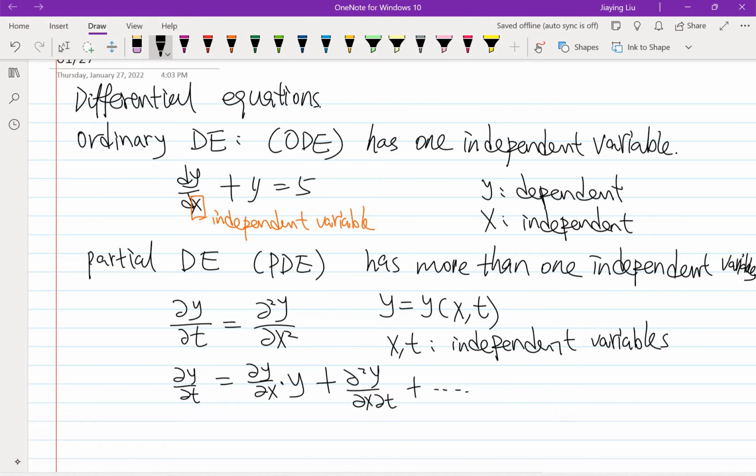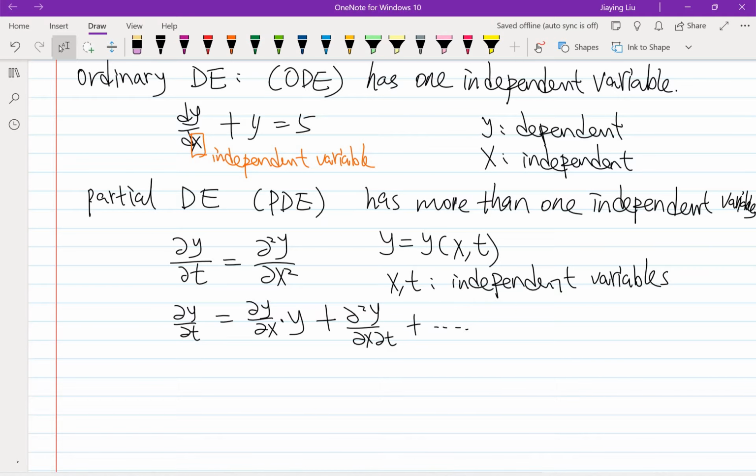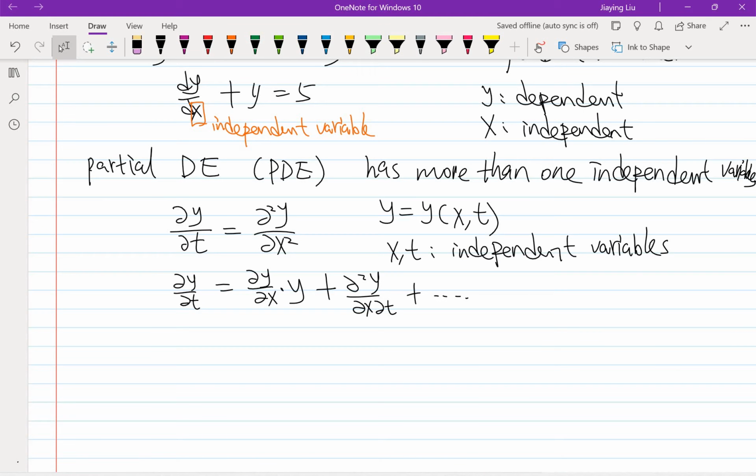That's two independent variables. So it's a partial differential equation. And for partial differential equations, we always use this curly d instead of a normal d. Don't have to worry too much about it now because we're not going to talk about it until later.